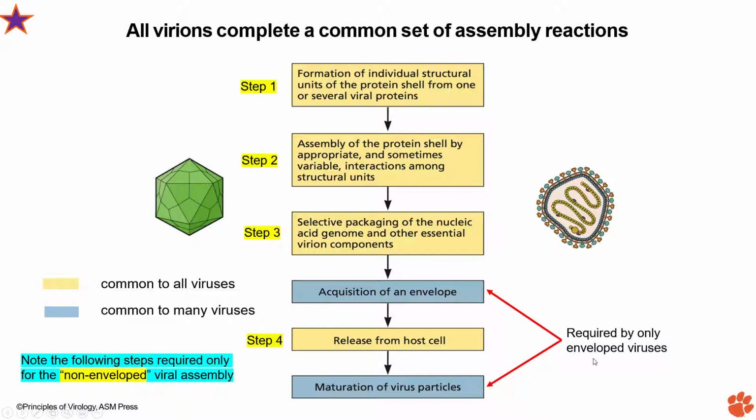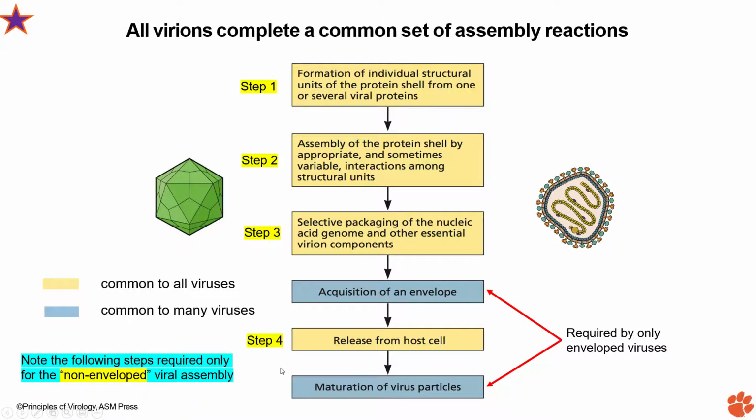If it is asked about an enveloped virus, then the acquisition of envelope and maturation is required, because the proteins need to be inserted into the membrane. So just know what the difference is and what is asked. Read the question very carefully, whether it asks about non-enveloped versus enveloped.